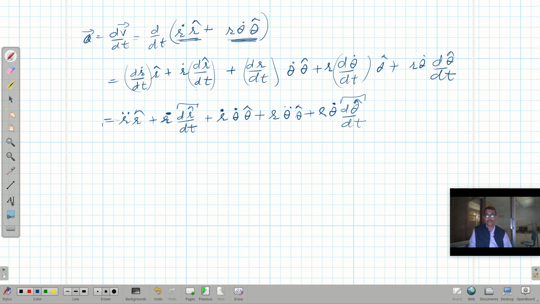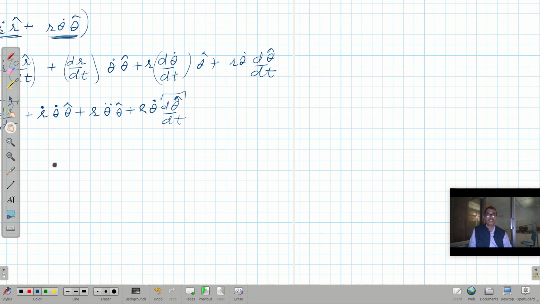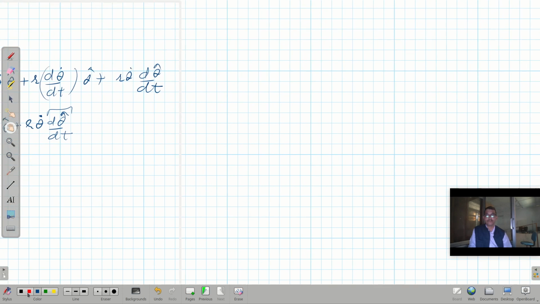So let us try to find dr cap over dt. It can be written as d over dt of cos theta i cap plus sin theta j cap.